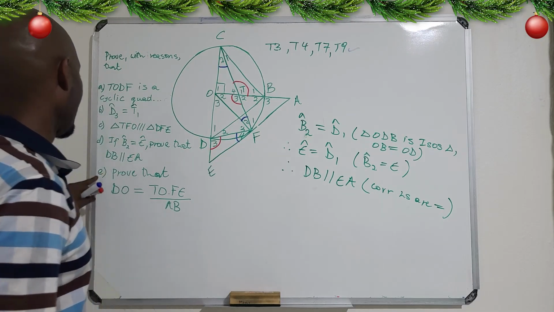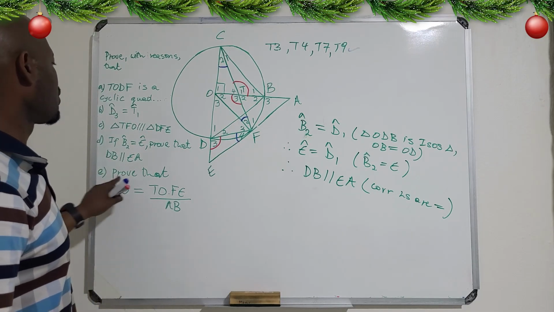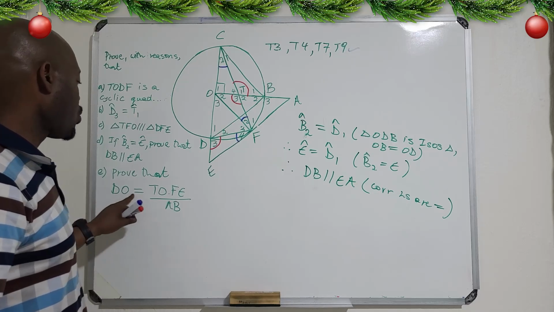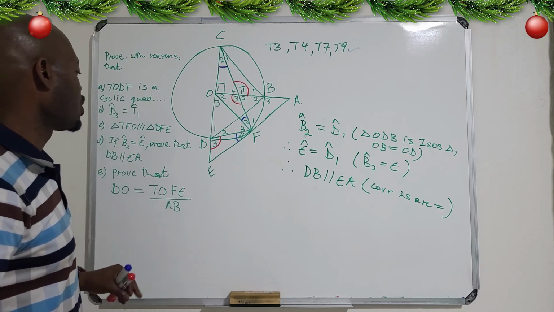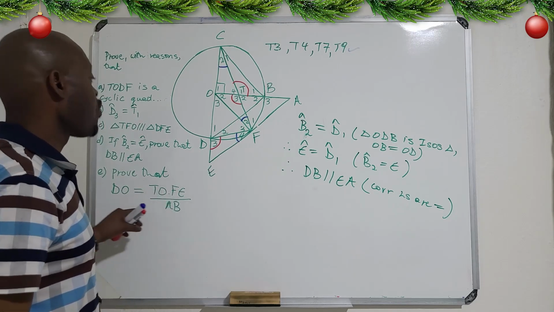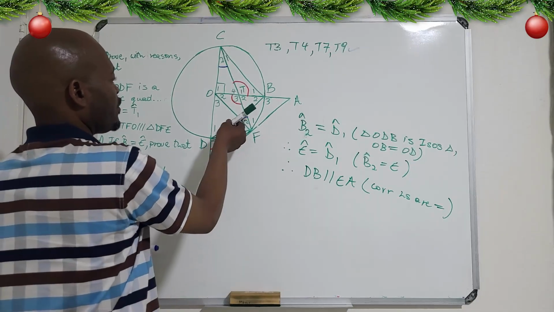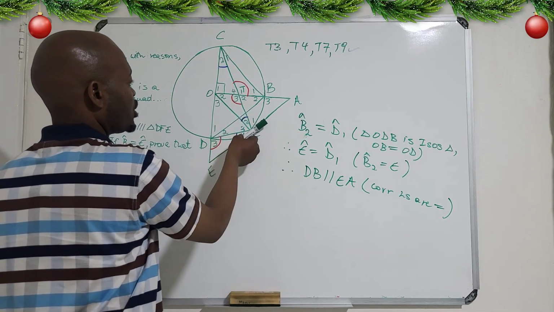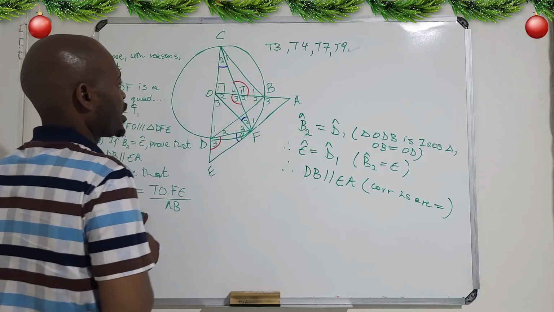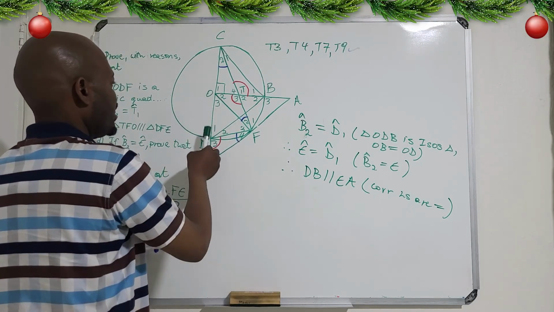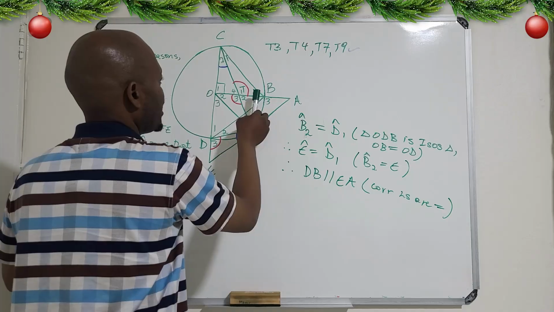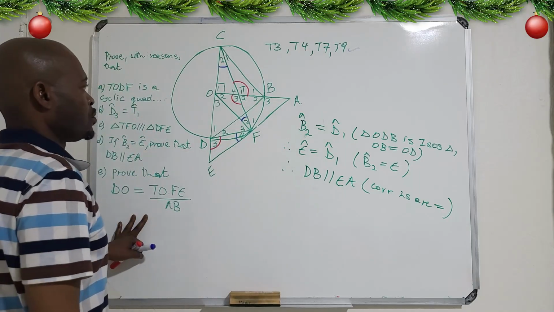Now, E. We need to prove that DO is equal to TO times FE over AB. We can use the parallel line which is drawn to one side of a triangle which divides the other two sides in the same ratio.